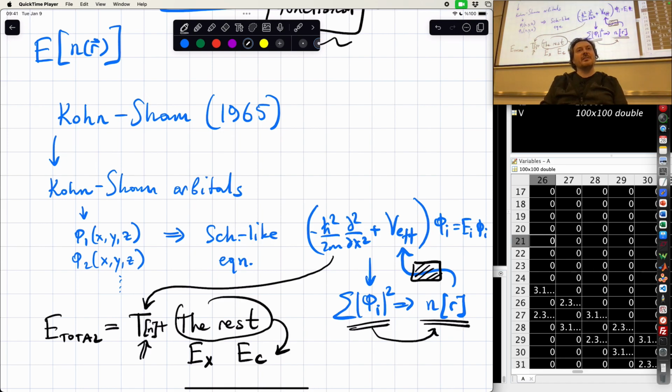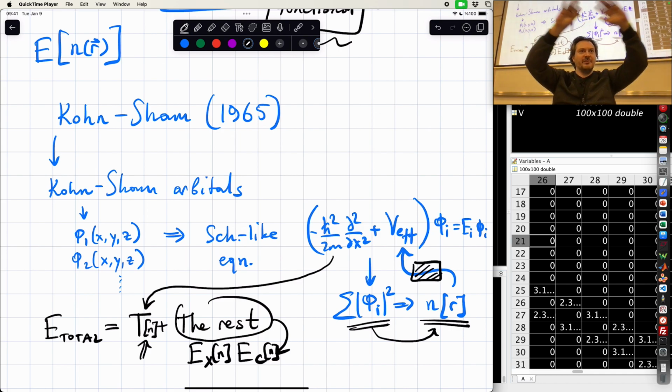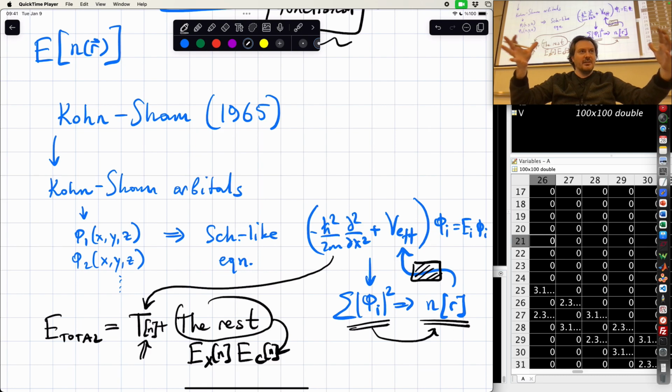Now, where do you get these exchange correlation functionals? You need functionals for them, right? You do some approximations. For example, you take a free electron gas, calculate exchange for that electron gas when you change the density of the electron gas. Are you following? Yes?